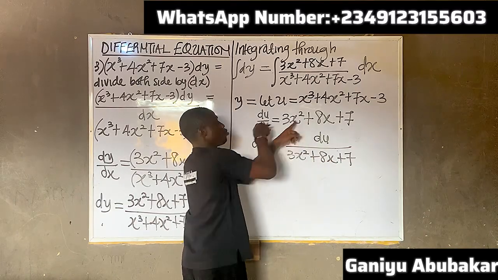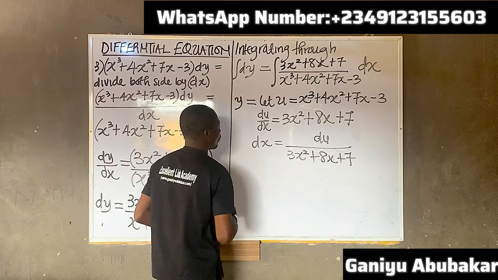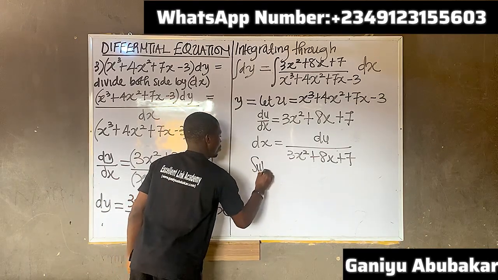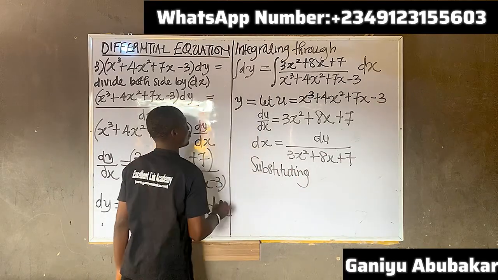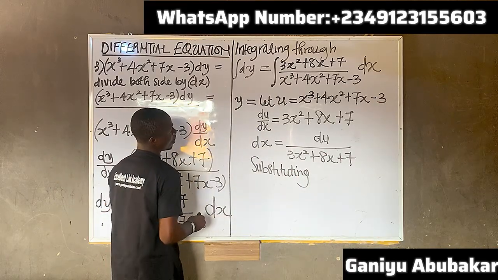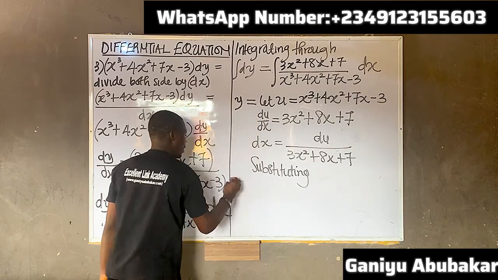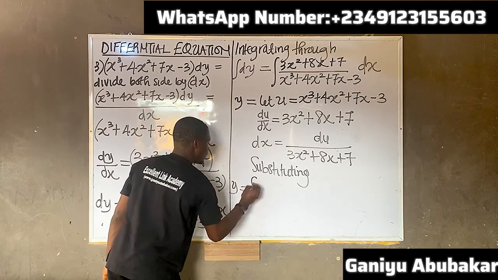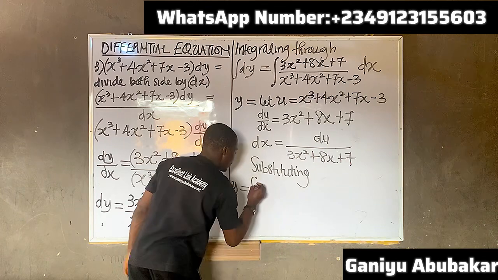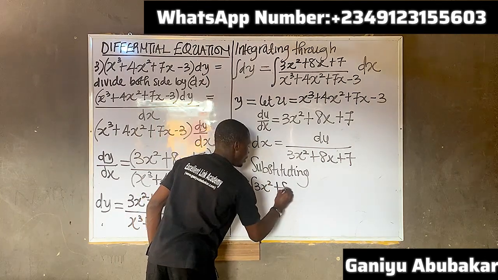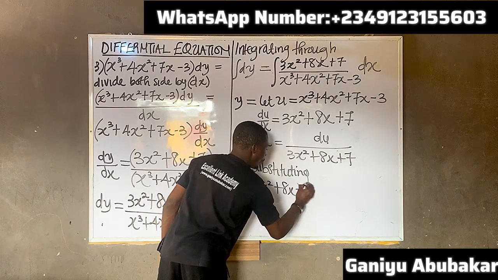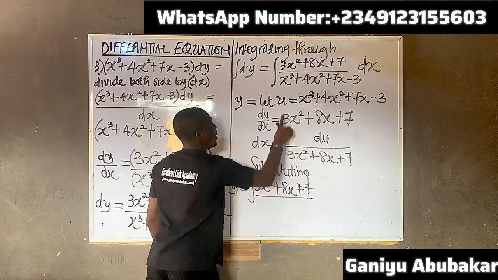I will swap them. From here, substituting, that gives you y equal to the integral of the numerator, that's 3x squared plus 8x plus 7, all over everything here.